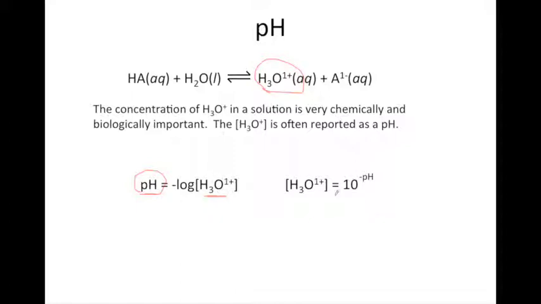And then we can also, of course, convert from the pH back to the hydronium ion concentration. If you have a pH and you want to convert that to a hydronium ion concentration, we just take 10 to the negative pH power, and that will give us our hydronium ion concentration.